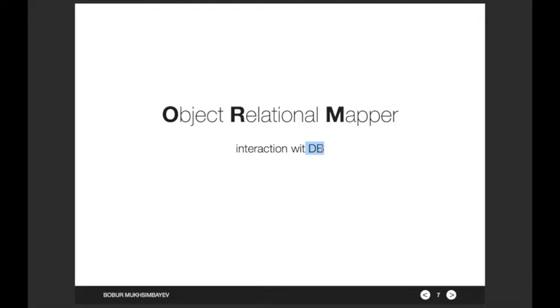You can have this object relational mapper in any programming language, and this was created for working using only one language. If you are creating some application using Java or Python or other languages, to be comfortable executing the interaction with the database, the object relational mapper was created. It's just a technique and ability to use our data using the languages that we are used to.